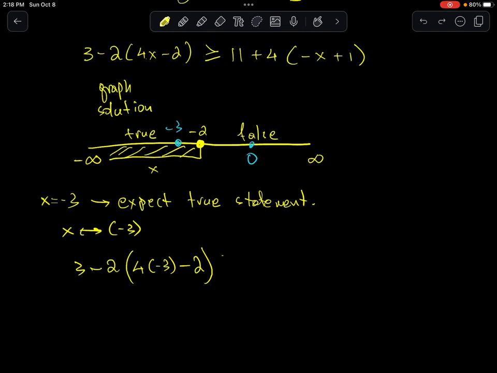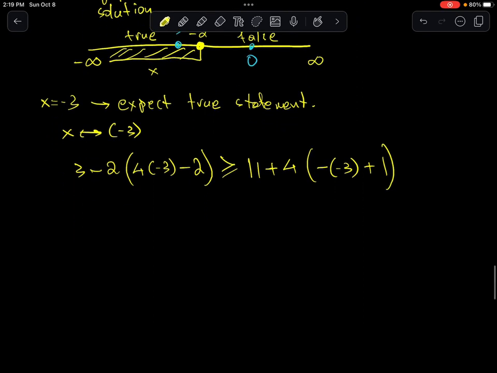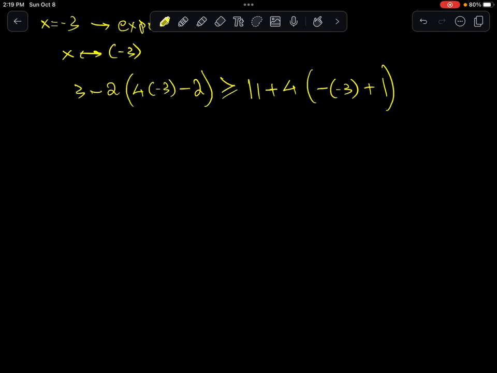Greater than or equal to, 11 drops, plus 4 drops, parenthesis drops, negative x becomes parenthesis negative 3, plus 1 drops, parenthesis drops as a bigger parenthesis. And this is what I got.